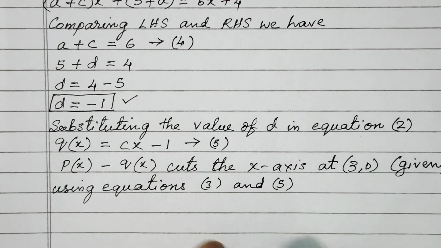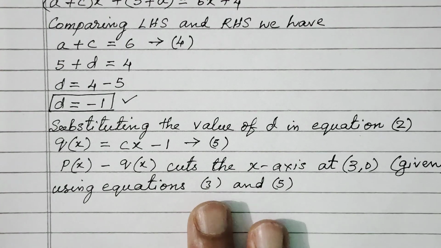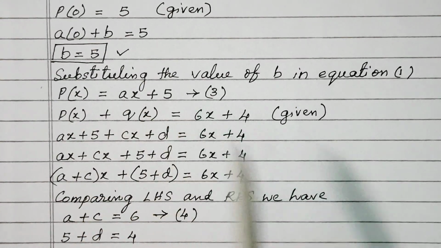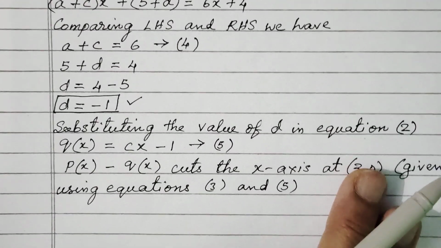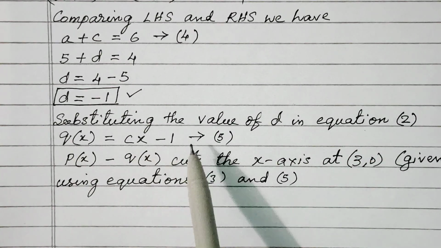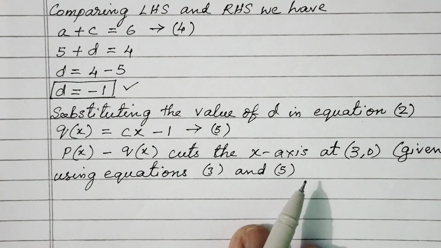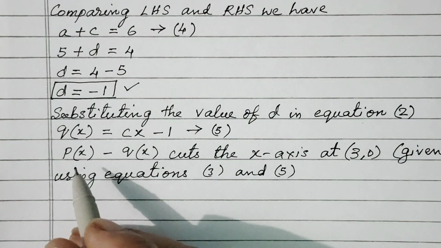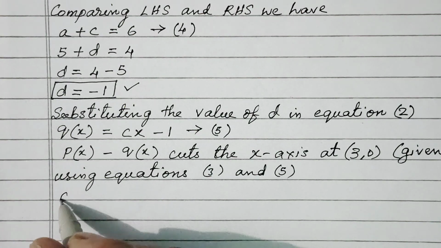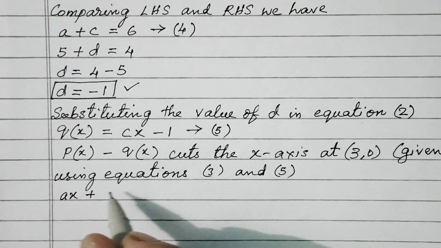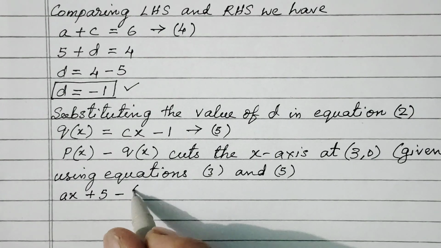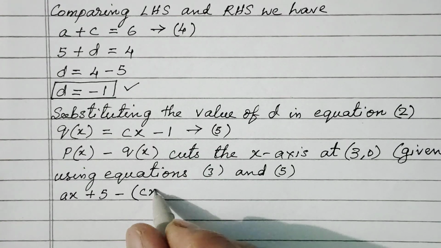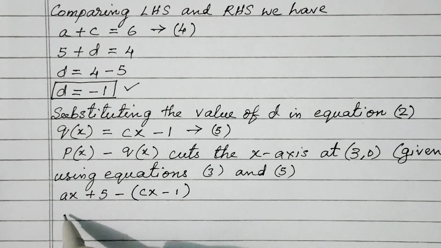What does equation 3 say? p(x) equal to ax plus 5. And equation 5 says q(x) equal to cx minus 1. So we will put the values there. So p(x) equal to ax plus 5 according to equation 3, minus q(x), which is cx minus 1.